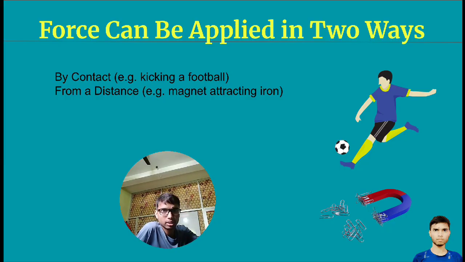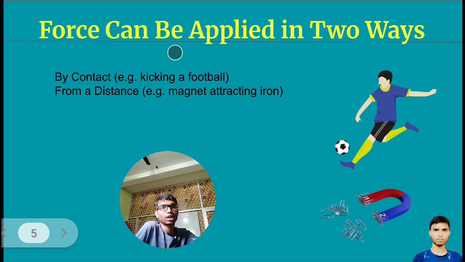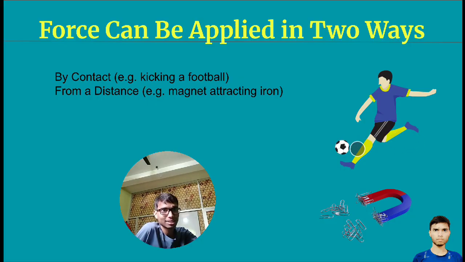So what is it saying? Force can be applied in two ways. By contact, you can say. He is pushing this ball just by using his leg. So his leg will be touching this object, then this object will come into motion.